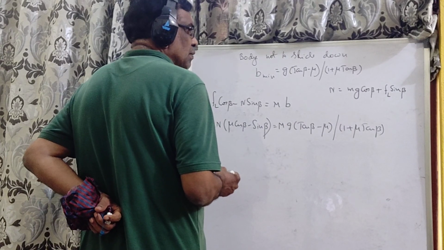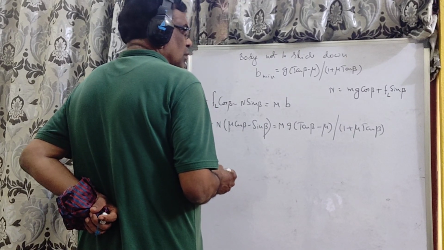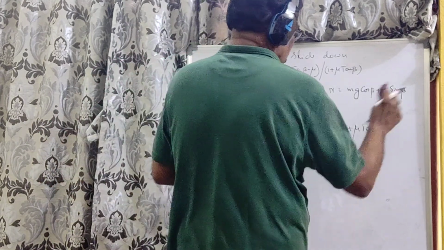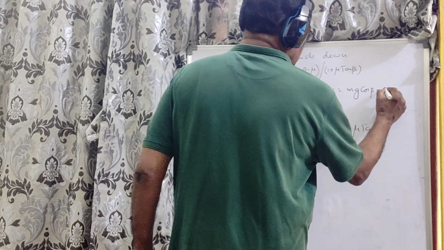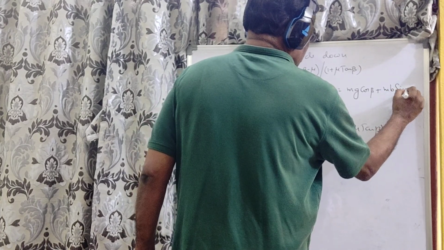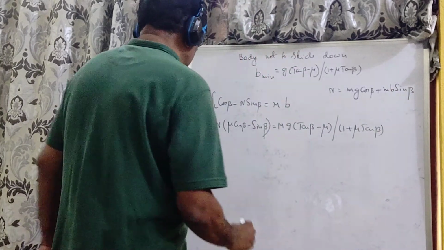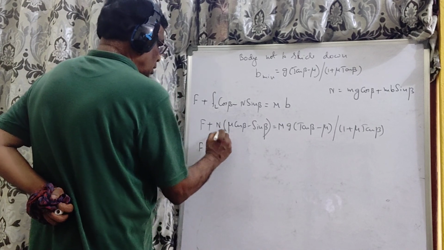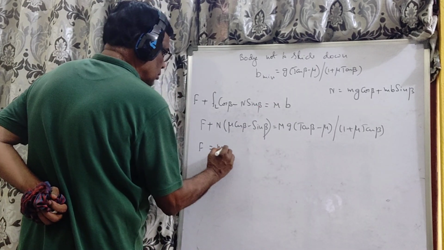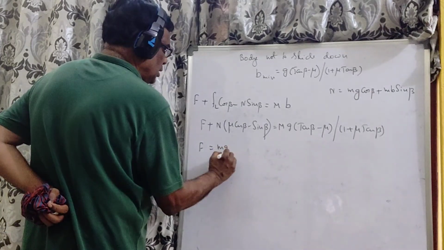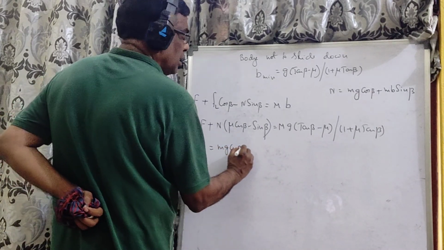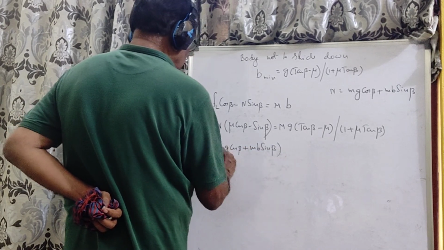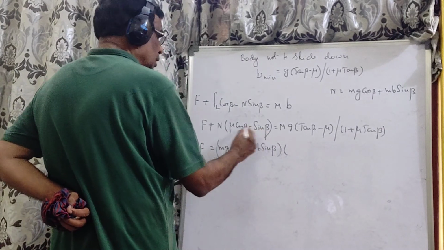Where am I getting? Is it FL? No, not FL. This is mg cos beta plus mb sin beta. Okay? So F is equal to N. N means all this. Mg cos beta plus mb sin beta into this, sign is reversed.